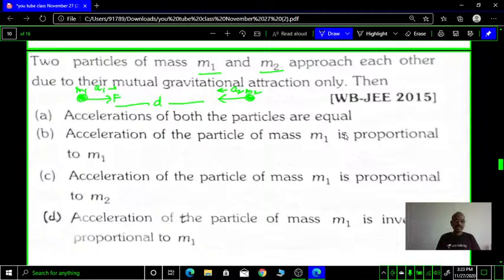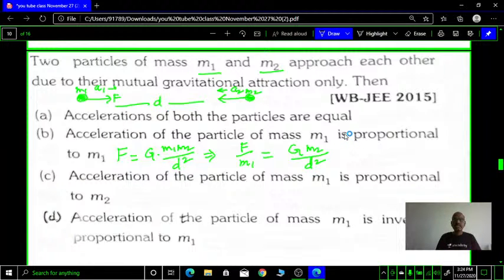So question, try to understand now. Apply here: when the two masses m1, m2 have the force, acceleration, what is it according to the universal law of gravitation? Force between these two masses is capital G into m1 m2 by d square or r square. We know from here, see that F by m1 equals G into m2 by d square.